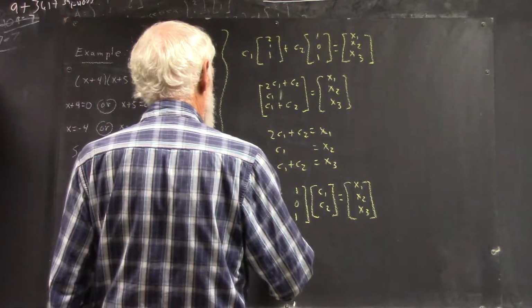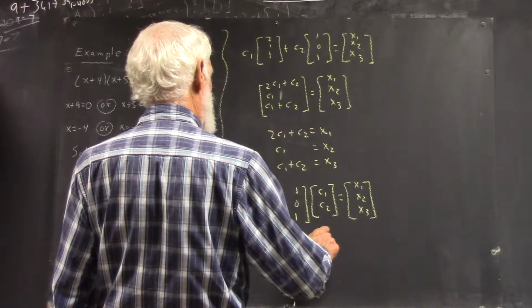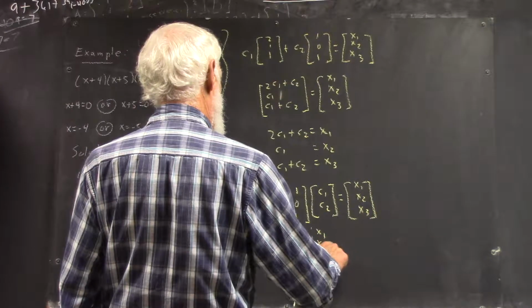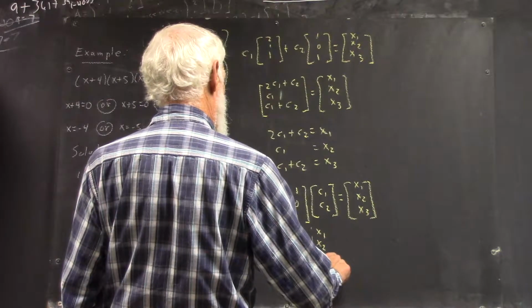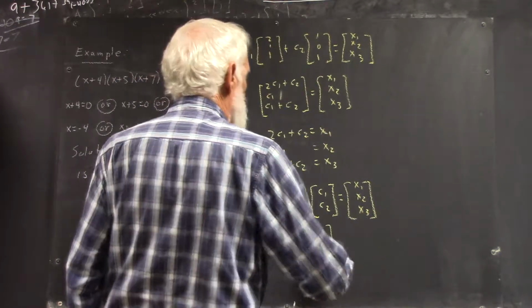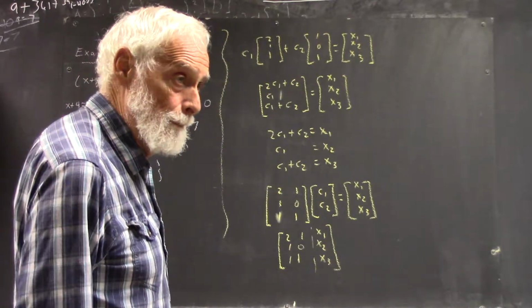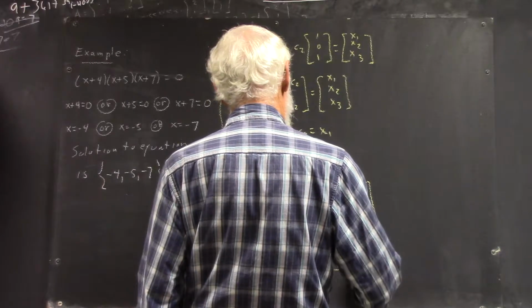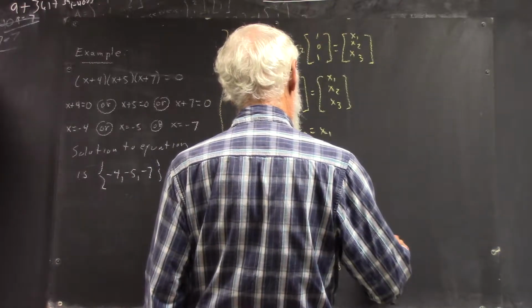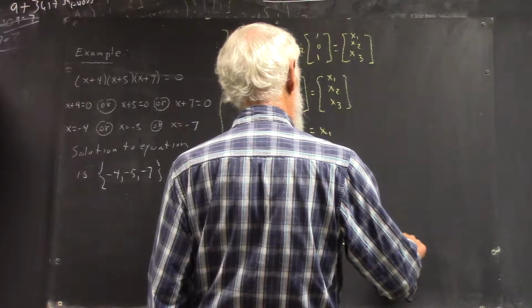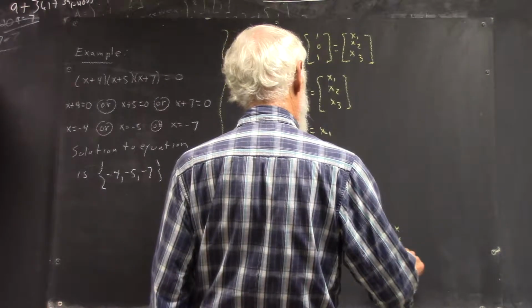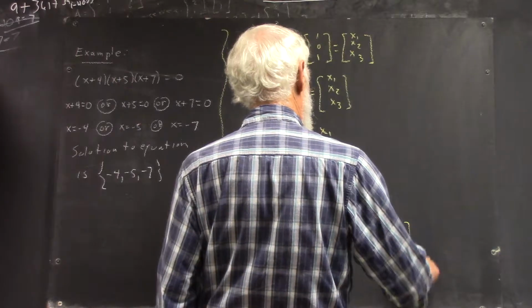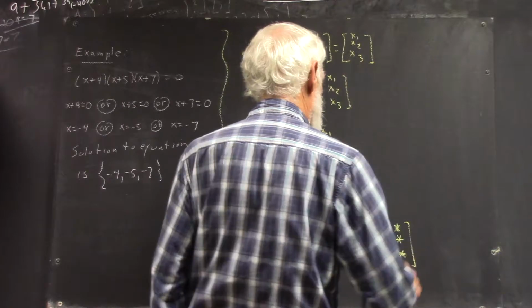But you can write the augmented matrix and reduce it. Okay? This reduces to these, which are asterisks. Actually, they don't look like X's.